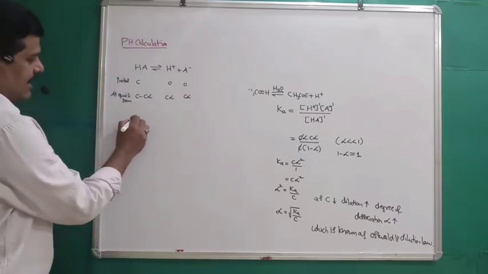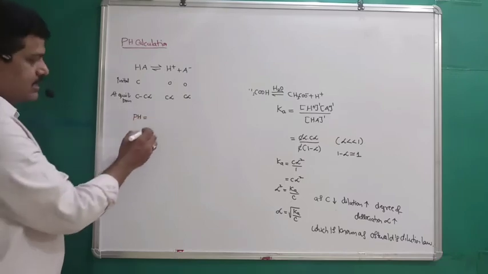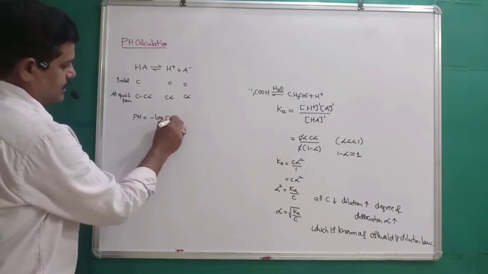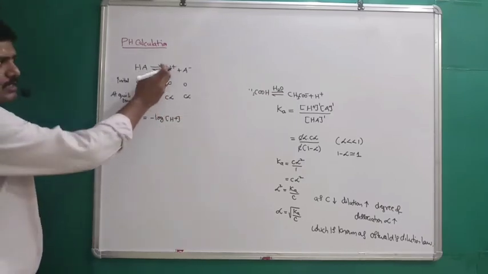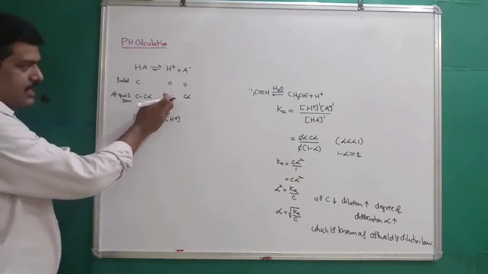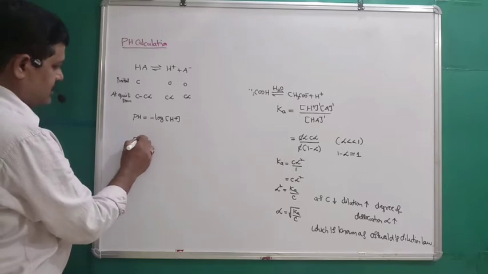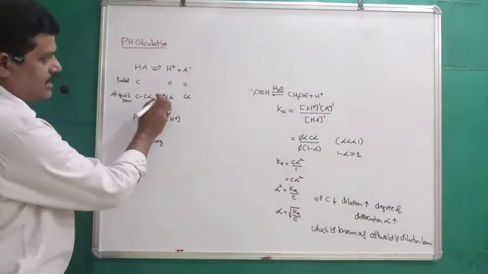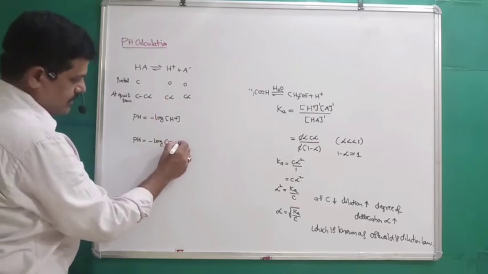Then to calculate the pH, we require the H plus ion concentration, because pH is equal to minus log of H plus, right? The H plus ion concentration is C alpha. Let us substitute that. pH is equal to minus log of C into alpha.